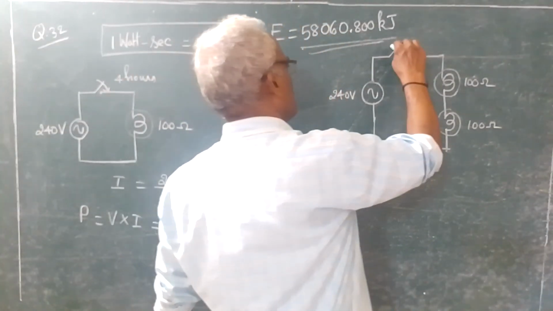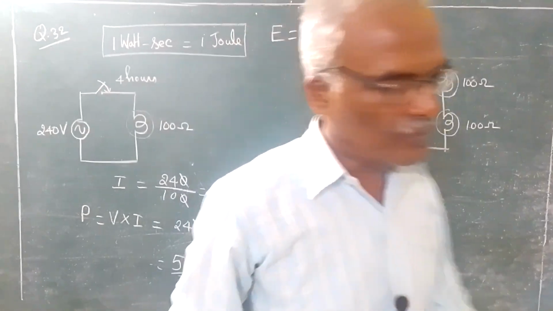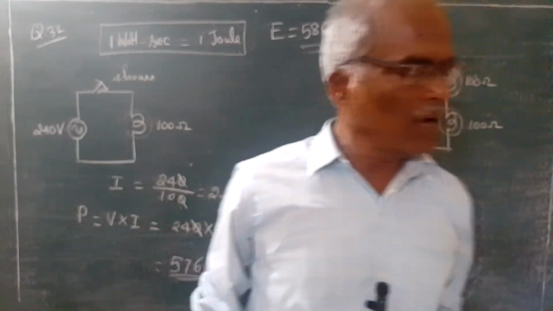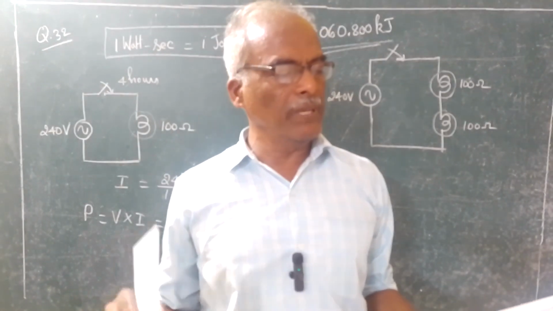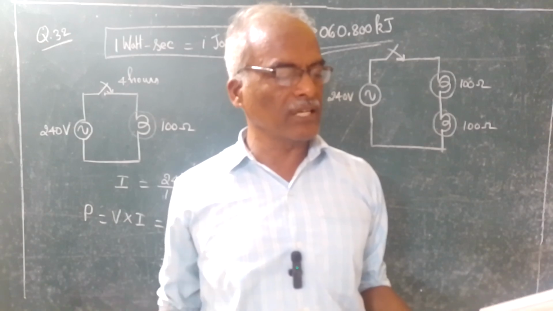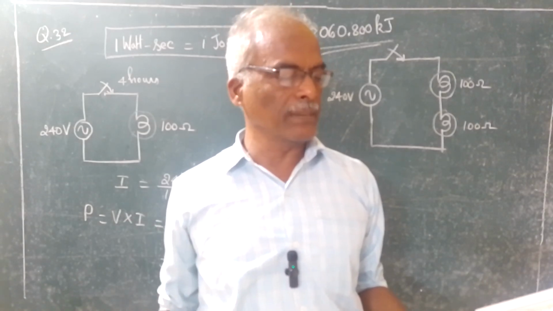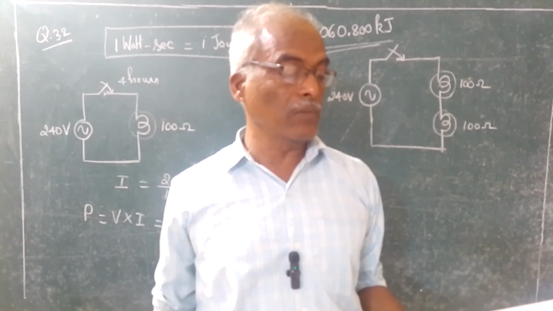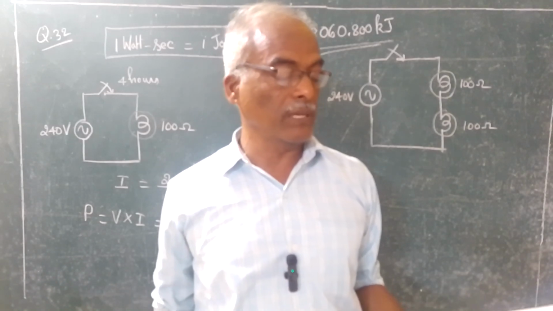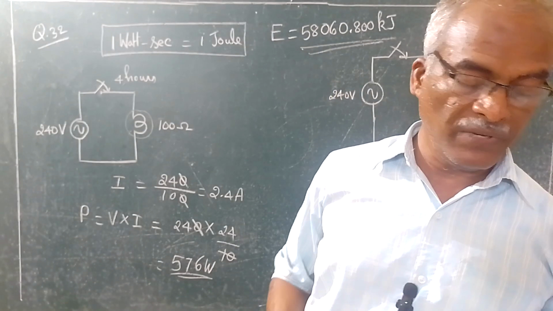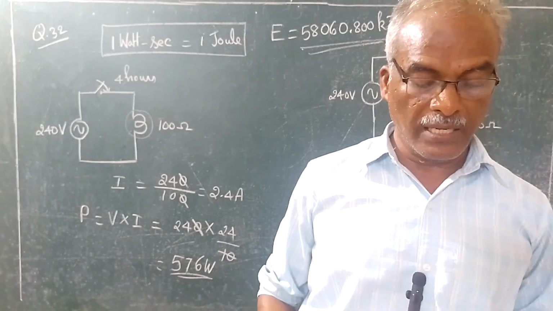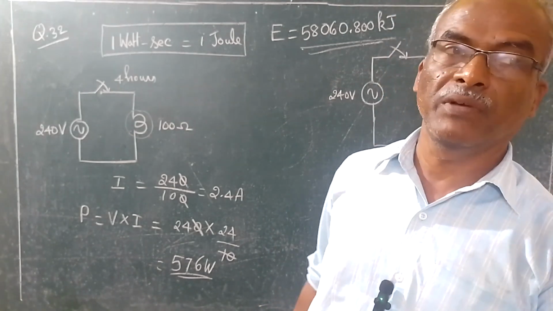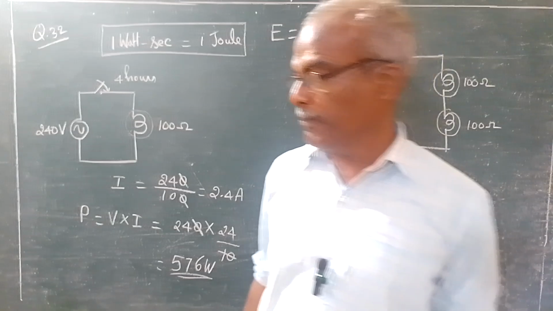The circuit is switched on. So the question is, Kaveri connects another similar bulb B in series with bulb A and connects the combination to a 240 volt supply. Will there be any change in the brightness with which bulb A glows now? Explain mathematically. That means we are not interested in calculating the energy, we are interested in calculating the power.